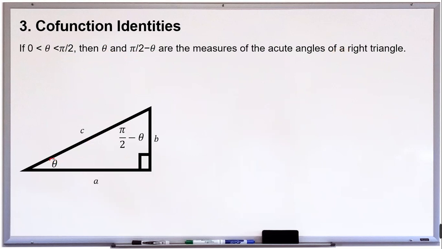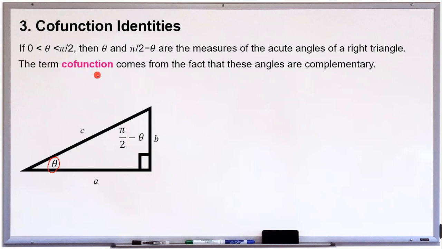So if this is our theta, the equivalent cofunction angle is simply pi over 2, which is 90, minus theta. Take note that the sum of the interior angles of a right triangle, or any triangle, is equal to 180. So if we add the interior angles of this right triangle, it will equal pi.